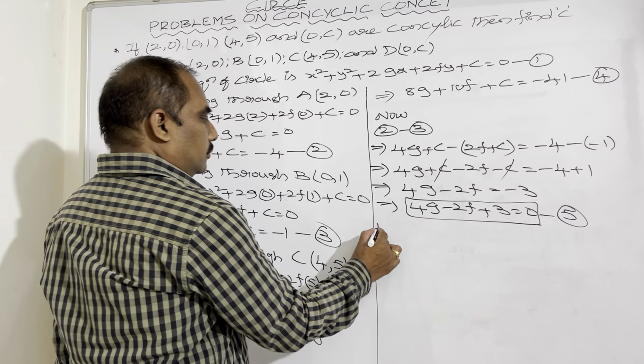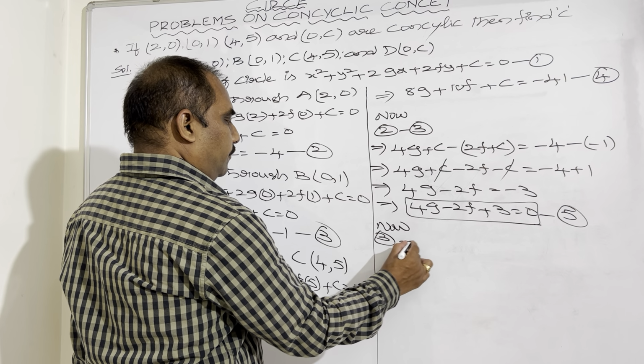Now again, 3 minus 4, subtracting 4 from 3.